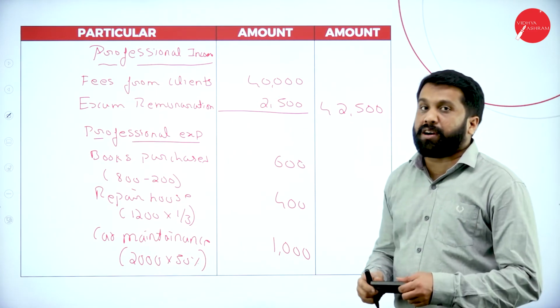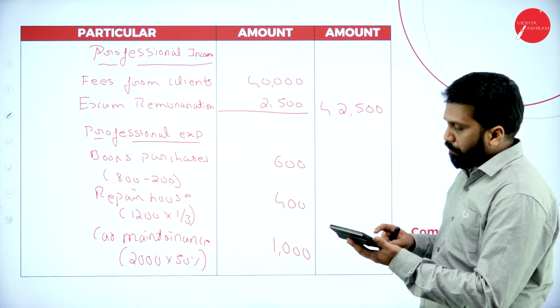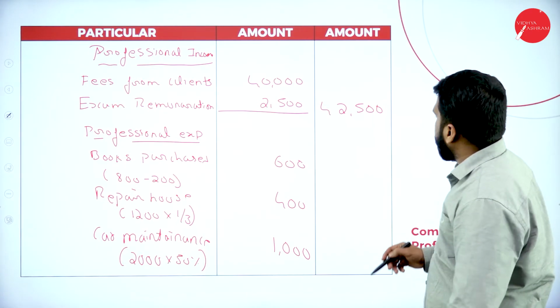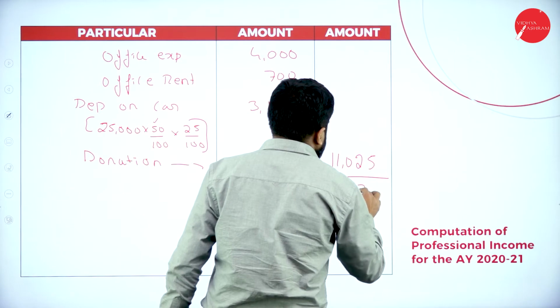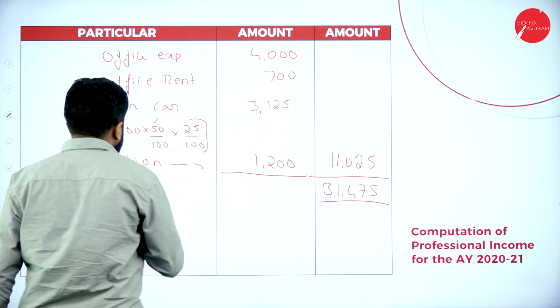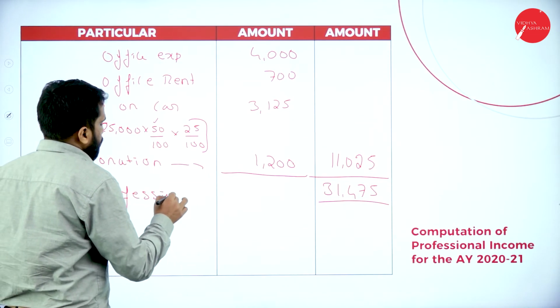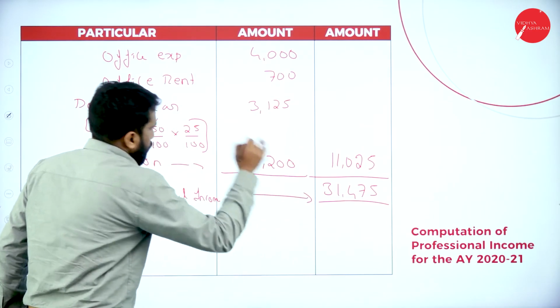This is your income. Minus 42,500. You got 31,475. 31,475 is your professional income. Hope you are clear.